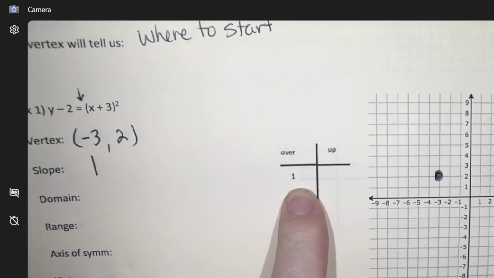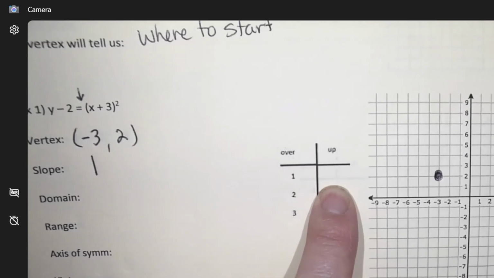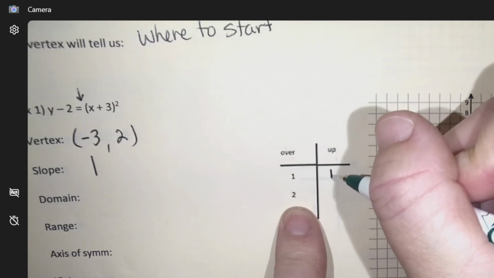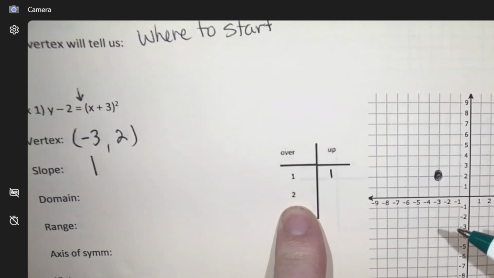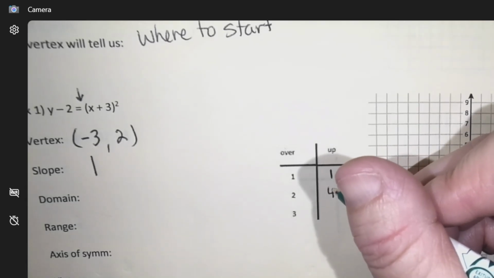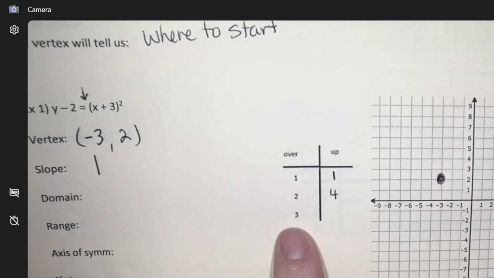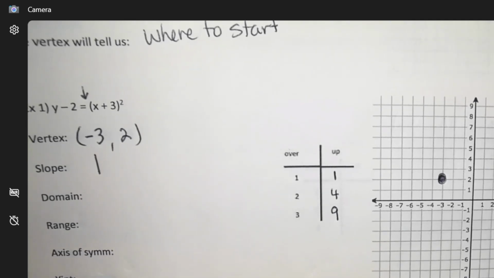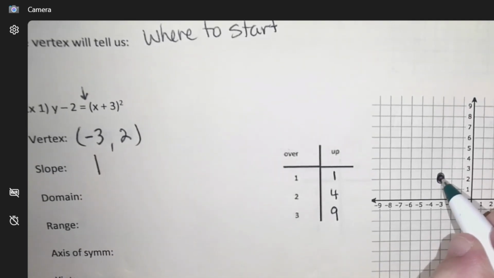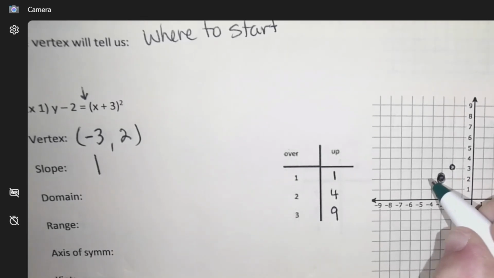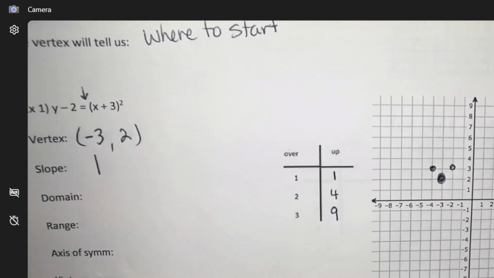If you were to move over 1, what's the relationship going to be on the up? 1. If you were to move over 2, 4, because you remember the relationship right now is a squared relationship, x squared. And then 3 over should be 9 up. Okay, so here we go. On this point, can you move over 1, up 1, over 1, up 1?